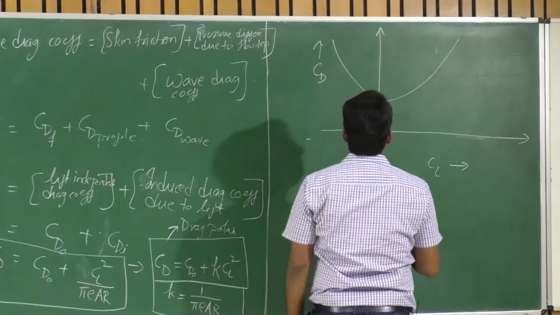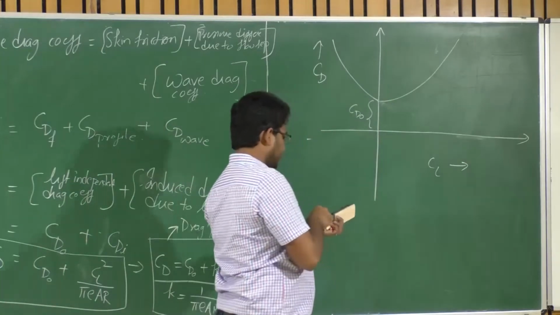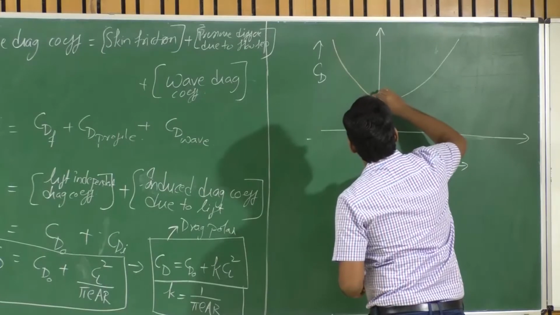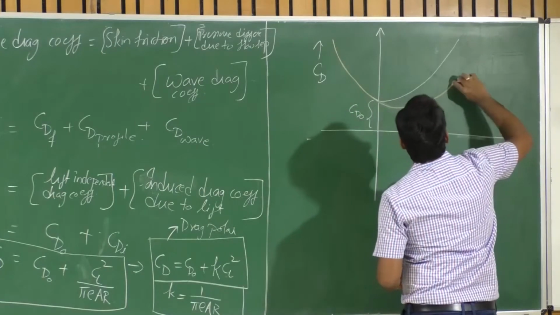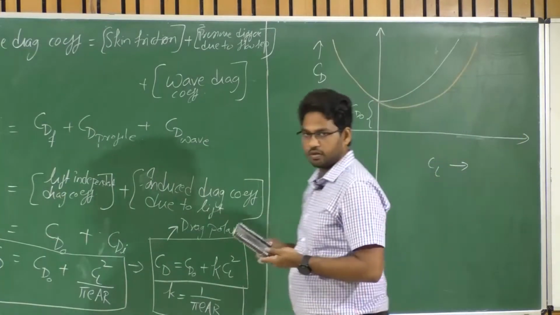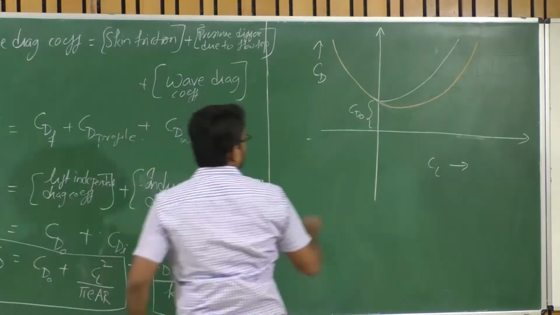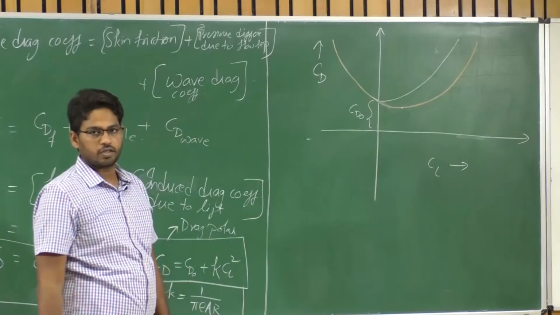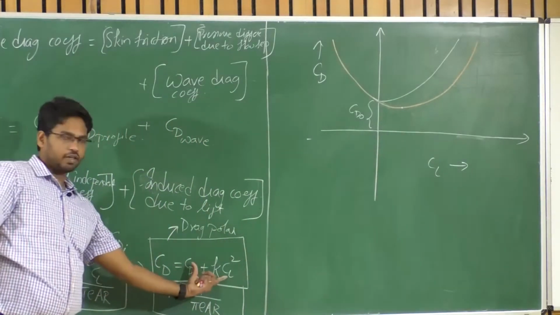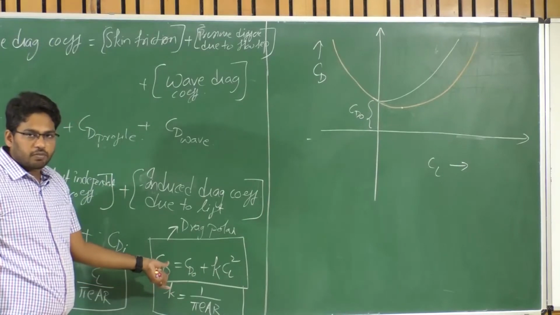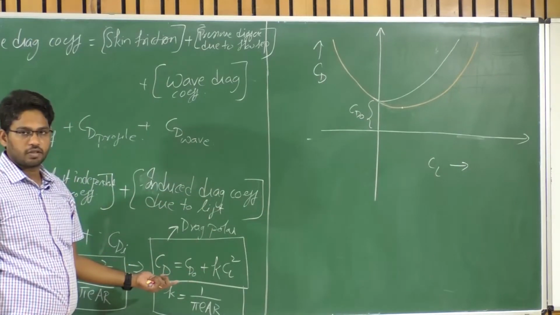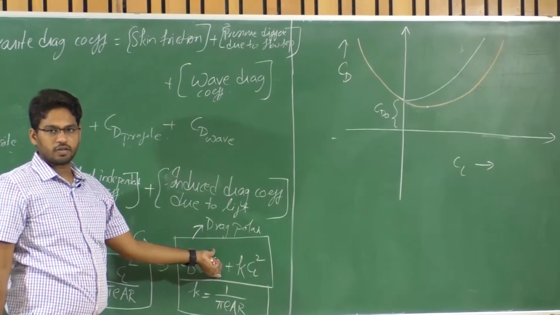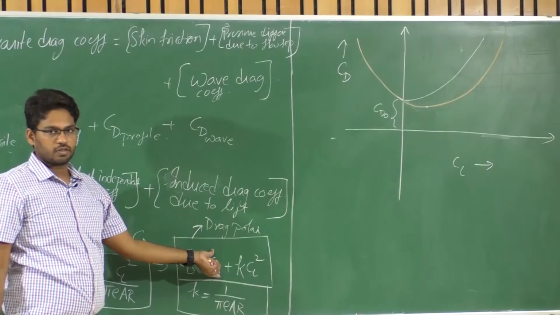So you can see the minimum point is not CD naught, it's something else. Am I correct or not? If I postulate with this particular equation, because CL can never be negative here, the minimum that I expect is CD naught. Isn't it?